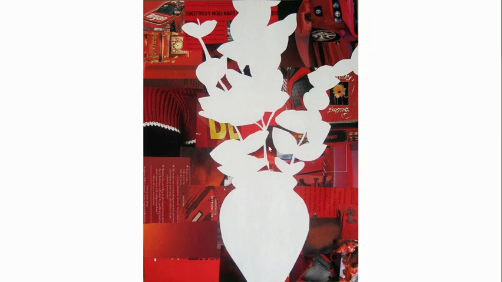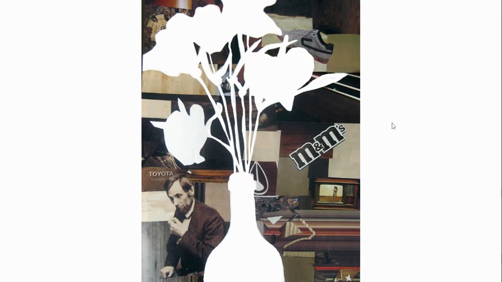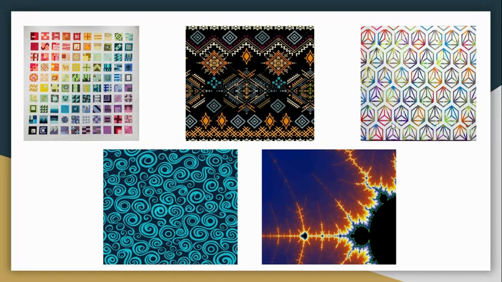Same here, a vase with flowers was drawn, but then instead of filling in the inside, the negative space was all designed using magazines, and this time just ones that were red. Now, this one uses grays and browns, but you don't have to use just any color. You can use any kind of pattern that you can imagine inside of your negative space.